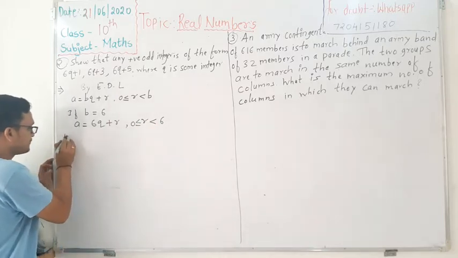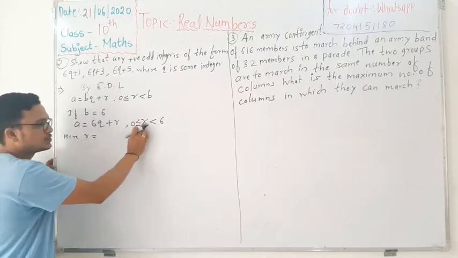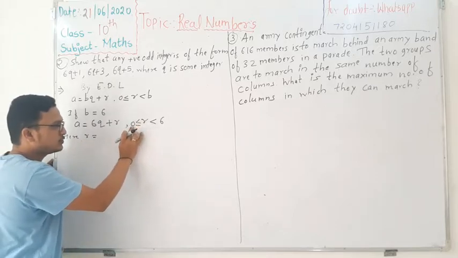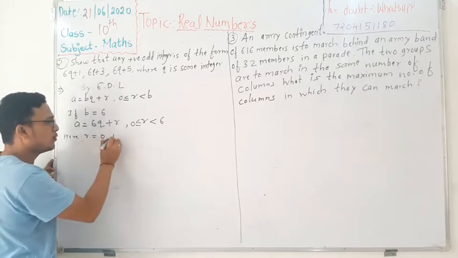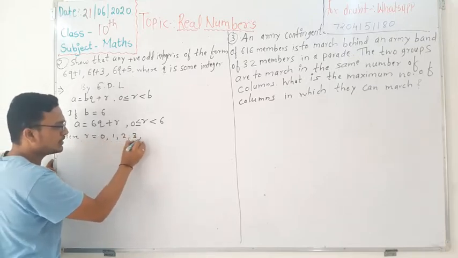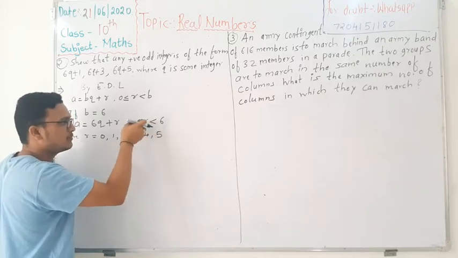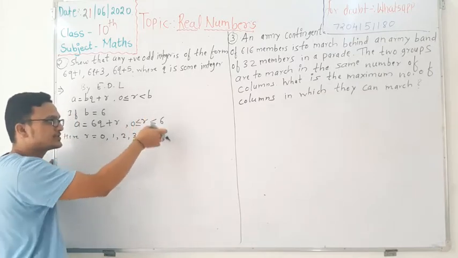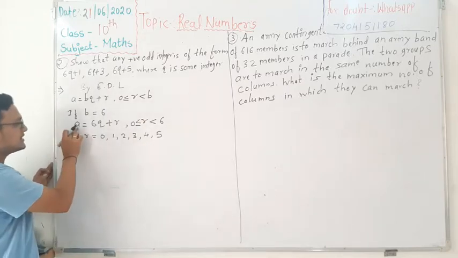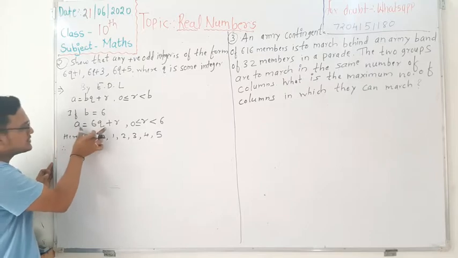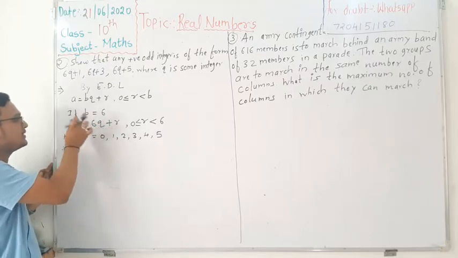So here R is greater than or equal to 0. So it means R is equals to 0, 1, 2, 3, 4, 5, not 6. Why? Because R is only less than 6. So therefore it is up to 5. So this statement, that is A is equals to 6q plus R, will become what now?